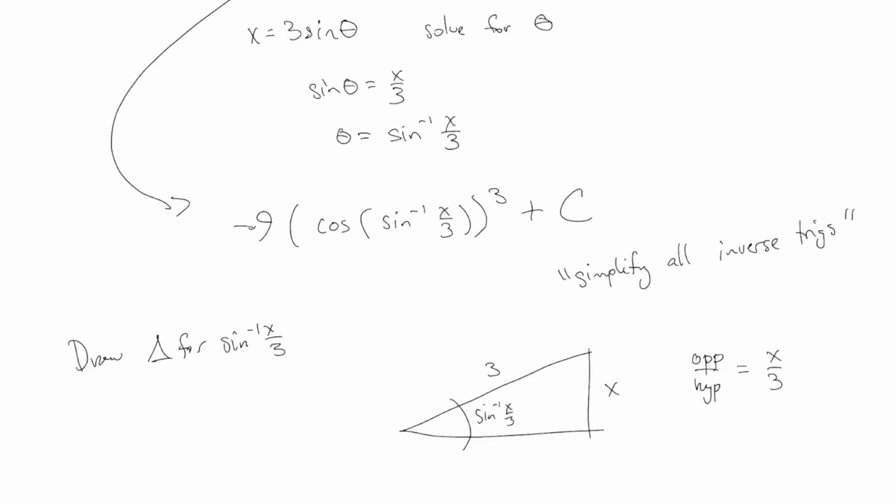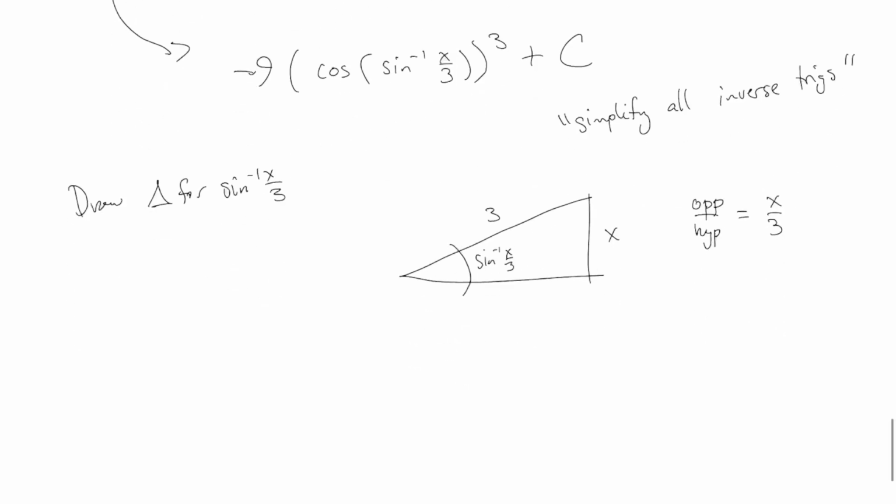In order to find the cosine, we need to find the other side length. Maybe I'll call this temporarily a, and it'll say a squared plus x squared equals 3 squared, which is 9. So a squared equals 9 minus x squared. I'm trying to solve for a, I mean. So this side of the triangle is root 9 minus x squared.